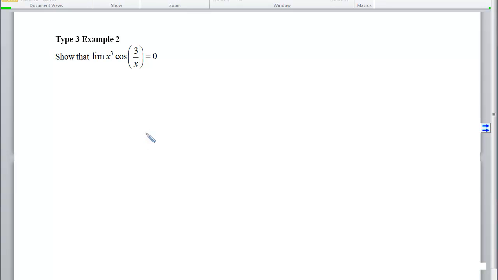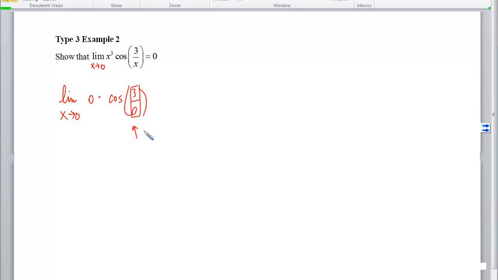So here we have an example that involves this squeeze theorem. Sorry, I somehow dropped my x approaches 0, so add that into your notes. If we try to compute this using our direct substitution, we get 0 times the cosine of 3 over 0, and we see a division by 0 that's causing problems.